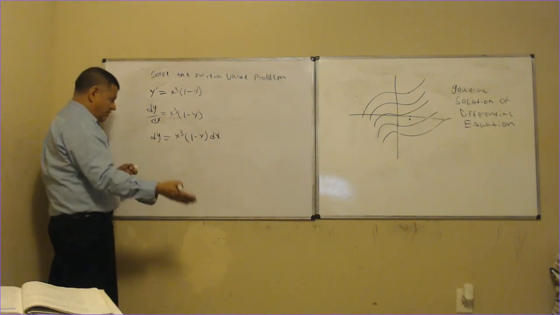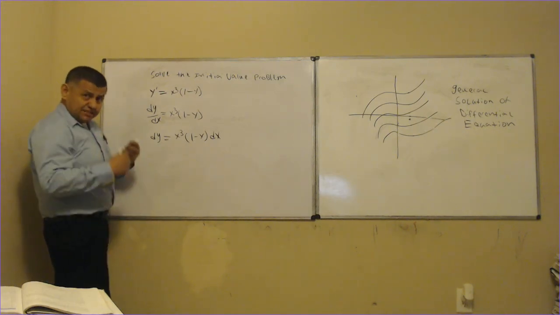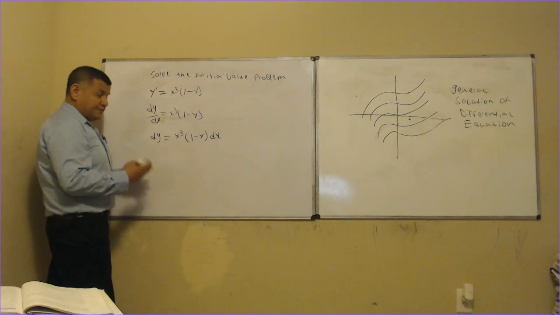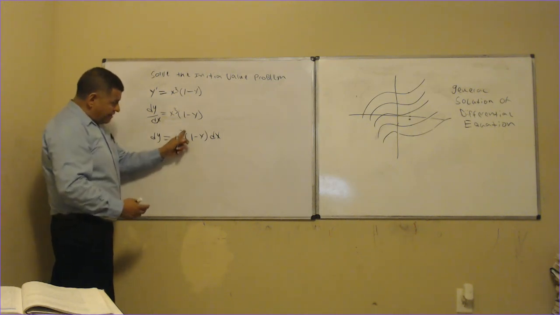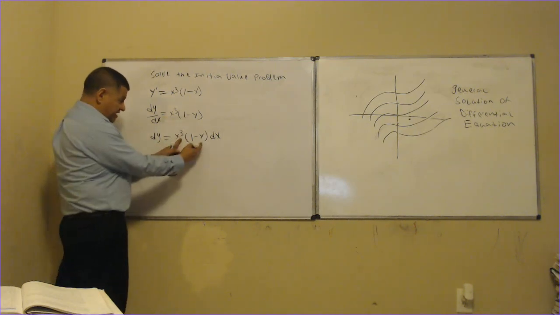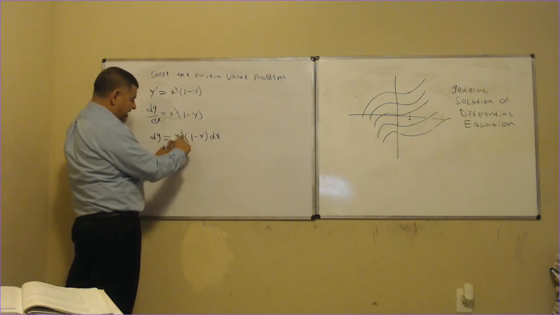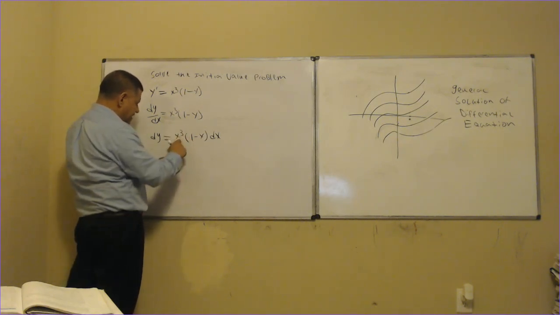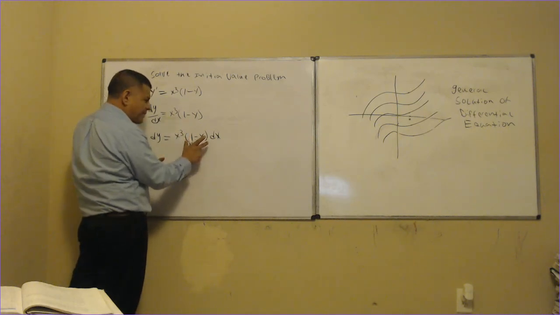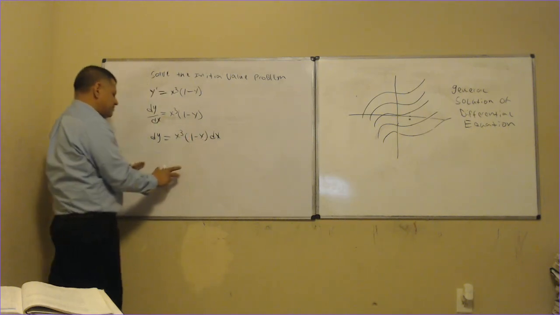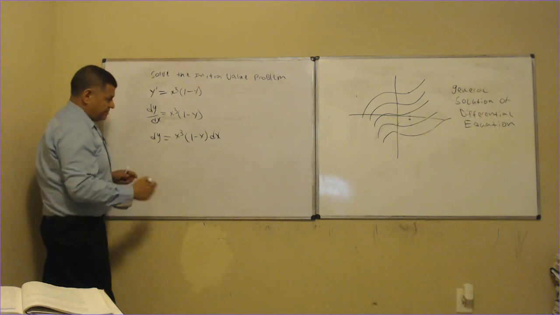Because the opposite of multiplication is division, which means that this problem is separable. But if I have a plus or minus sign in between here, then this is not separable. But I have this multiplying this, which is a product. That's what we want, right? To be separable.